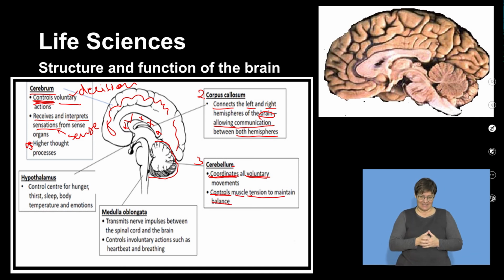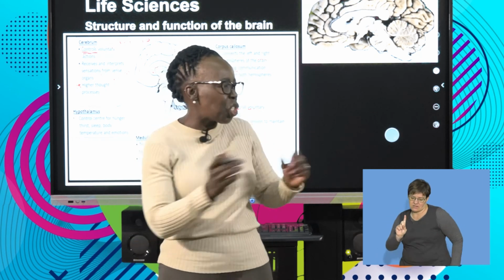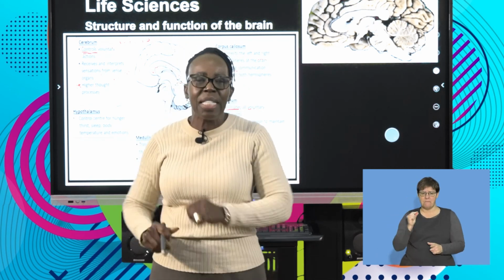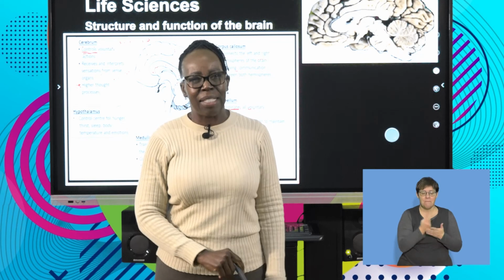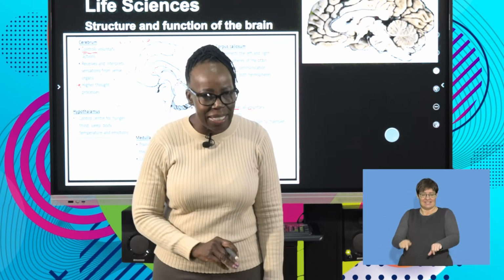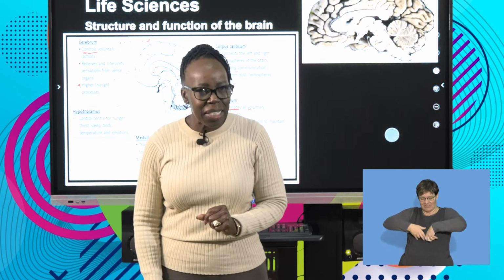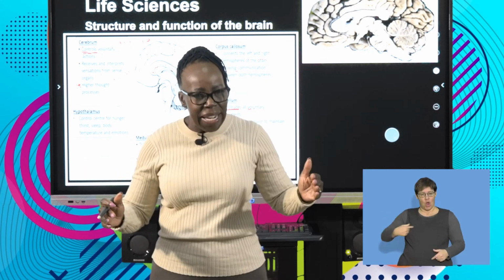For me to be balanced, even when I run and change direction and change speed, the cerebellum will be there to maintain my balance. That's the function of the smaller part, the leaf-like structure with the longer name.